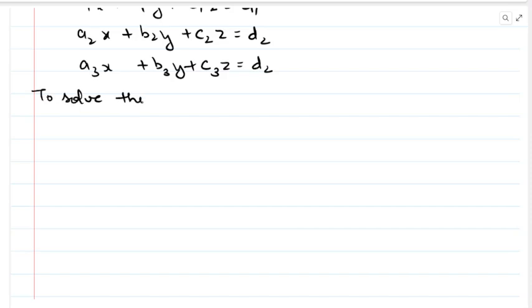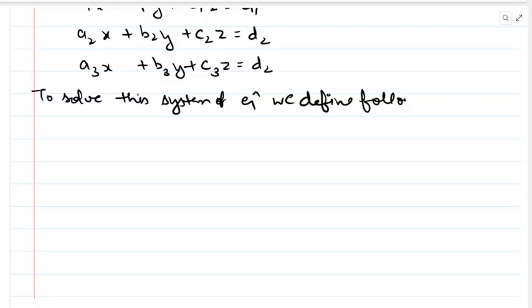To solve this system of equation, we define the following determinants.